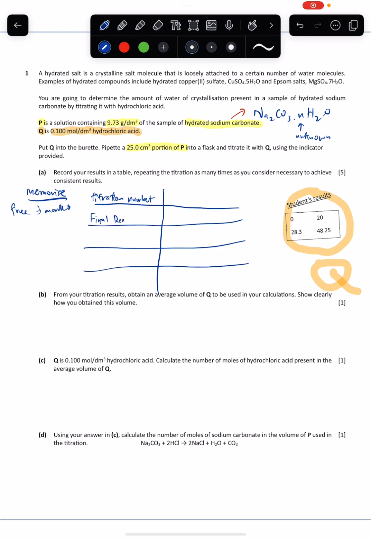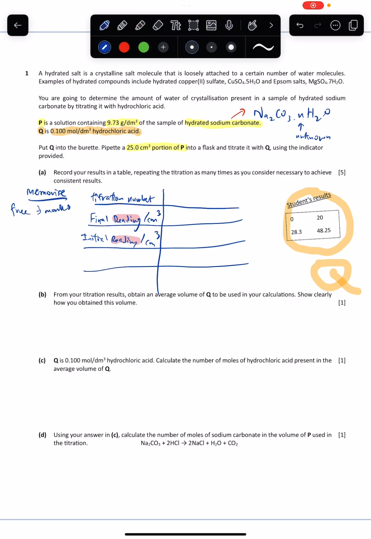It doesn't really make a difference to me. So this is reading. It's important that you write down that this is reading. So let me note it down for you. This is reading.